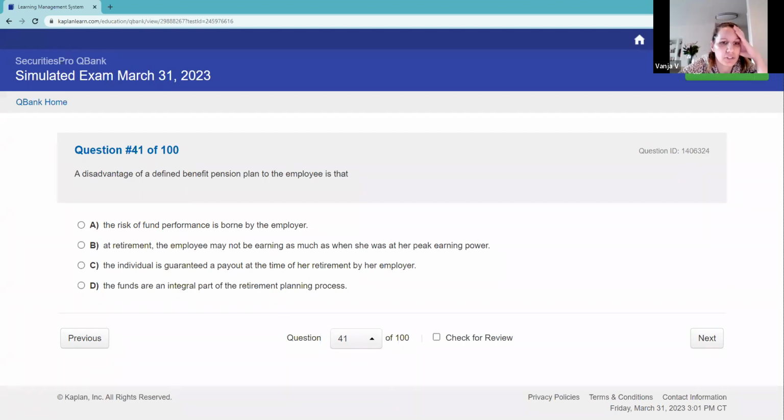A disadvantage. Yeah, key word. That's key. Individual is guaranteed a payout because it's a defined benefit. So that's true, so that's not a disadvantage, that's an advantage.